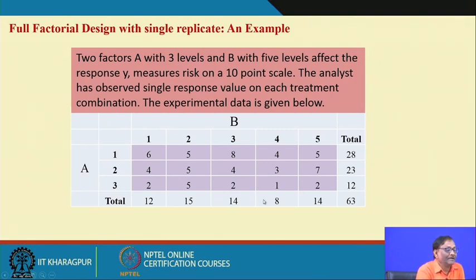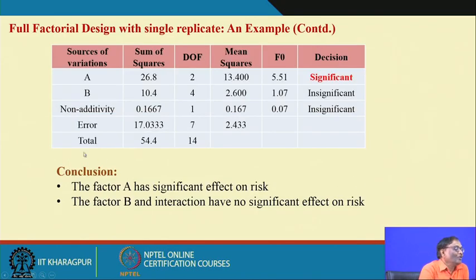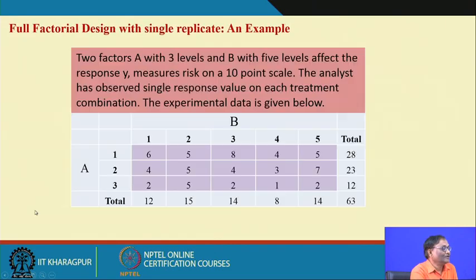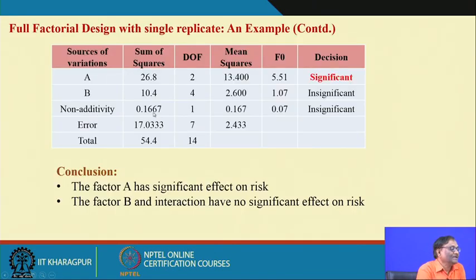Now, make the row totals, column totals, and overall total, and then when you test the non-additivity part using this, you use F0. That value is basically 0.1667, that is the SSN. SSN is this, SS error is this one, and the F0 value is SSN by its degrees of freedom divided by SS error by its degrees of freedom.